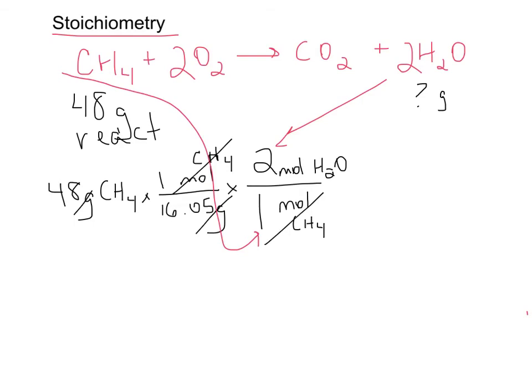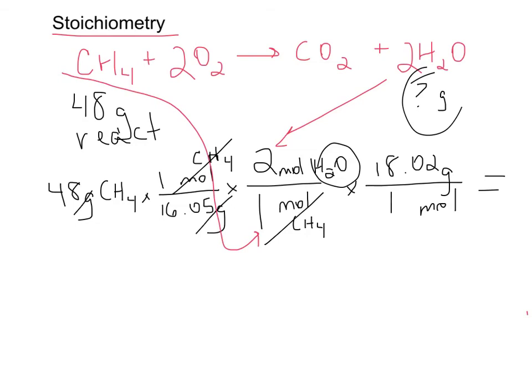Do I want to be in moles? Nope, I want to be in grams. So to convert from moles to grams, I'll put moles on the bottom, grams on the top. Now we're talking about H2O, so we've got to use the molar mass of H2O, and that from the periodic table is 18.02 grams per 1 mole. So now we've got grams of H2O. That's exactly what we wanted to get to.